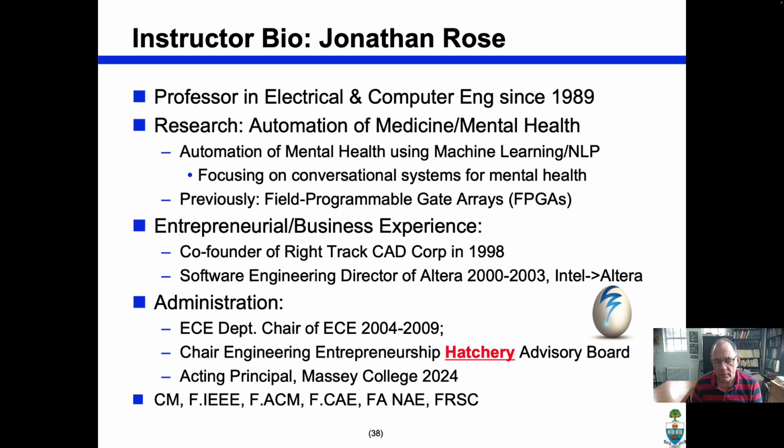And more recently, as I showed earlier on, it is the automation of mental health using machine learning and natural language processing, where I'm focusing on conversational systems for smoking addiction, and hopefully that will lead to systems for mental health. My previous field had nothing to do with this. It was all about field programmable gate arrays, FPGAs, if you know what those are. Hopefully you do. But I switched over into this one almost a decade ago.